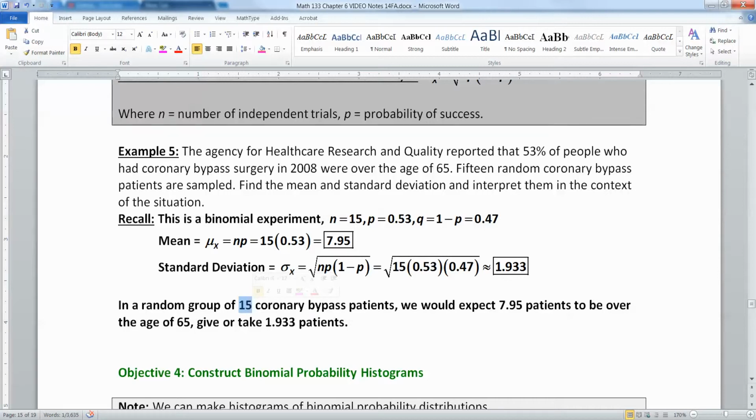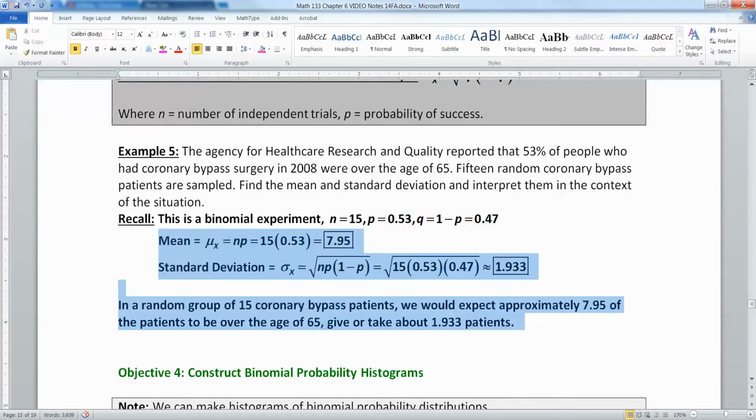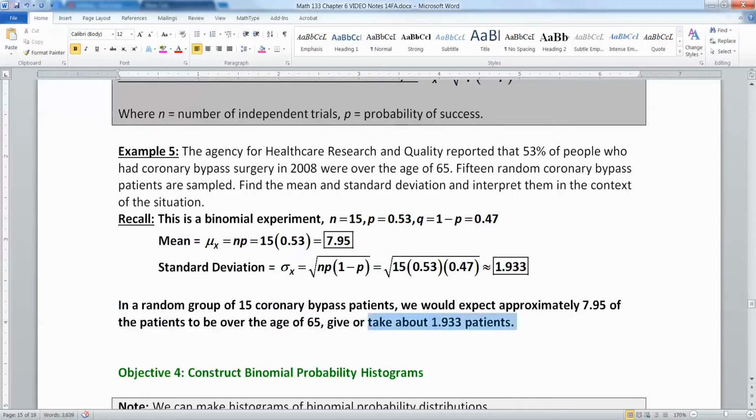So in a random group of 15 coronary bypass patients, we would expect approximately 7.95 of the patients to be over the age of 65, give or take about 1.933 patients. And that's it. Very simple formula for the mean, very simple formula for the standard deviation, very simple interpretation, which is very similar to what we did in chapter 3. Just don't forget to put your n value in there somewhere.